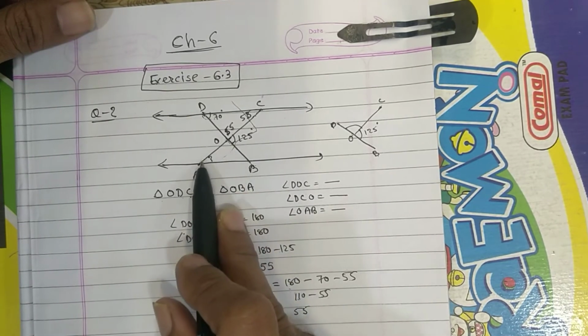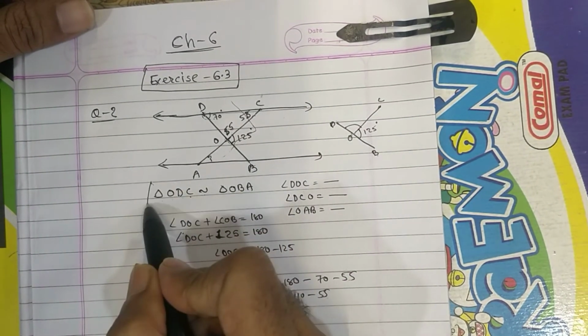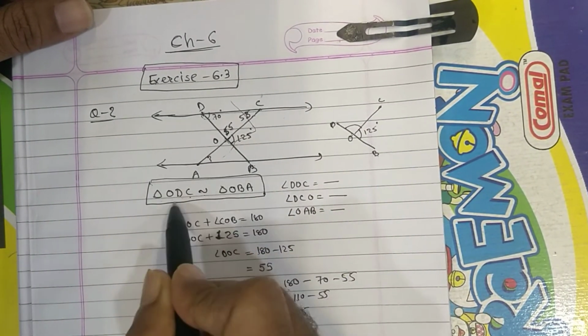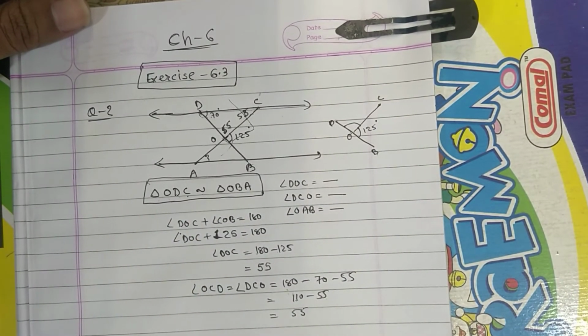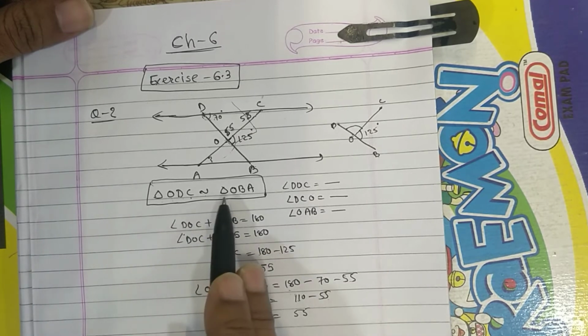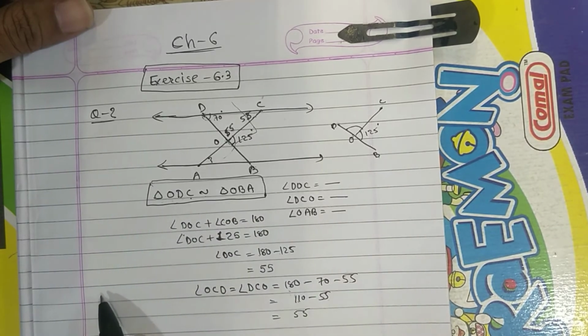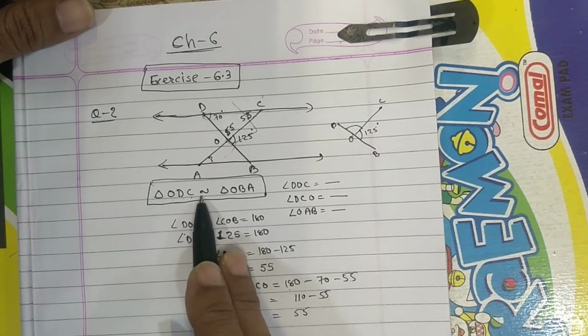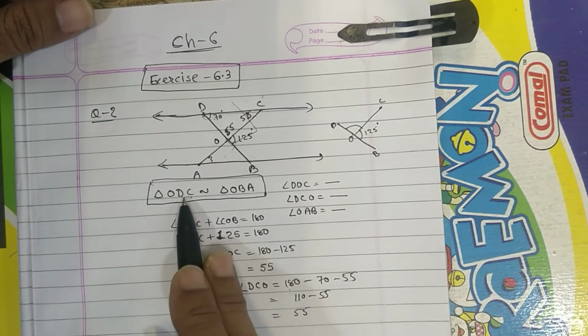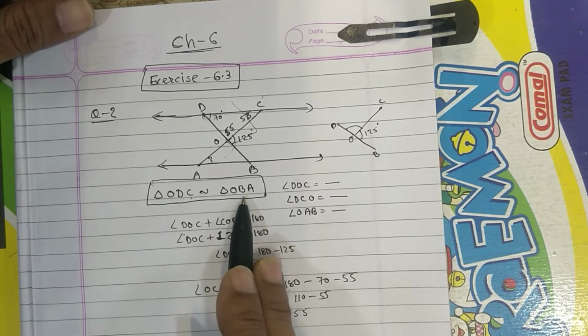Now this is the third angle which I want to find out in this question. It is angle OAB. What is given? These two triangles are similar. This is the symbol of similar. Similar means corresponding angles of these two triangles are equal.